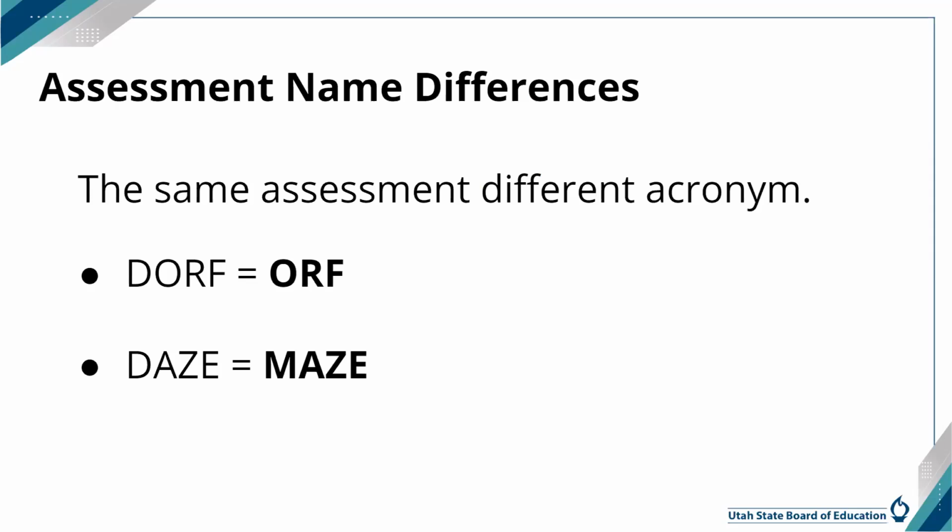Within the Canadian system, it's called ORF and MAYS, and with M-Class, it was DORF and DAYS. But they're the exact same measures, using the same passages and administered exactly with the same rules.